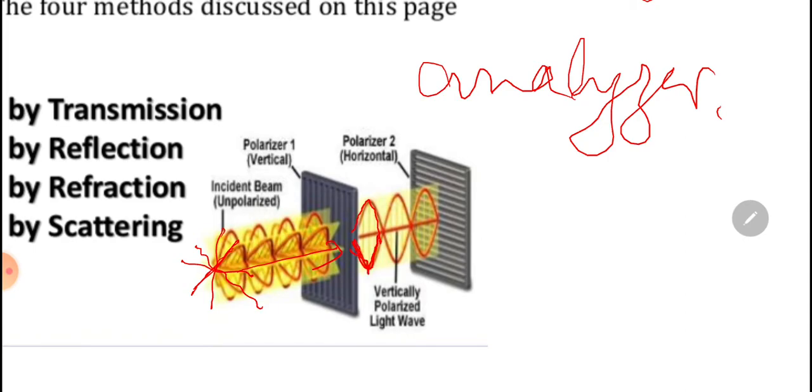This is vertical, this is vertical. So it allows the vertical vibration to pass, but this allows only horizontal to pass. It will block the vertical also. So this is called the analyzer, while the first one polarizes in a horizontal way, and this polarizes in a vertical way. So this is called the polarizer, and this is called the analyzer.